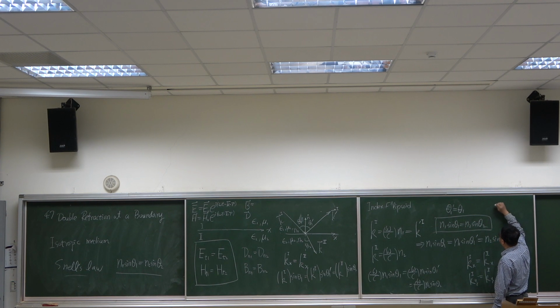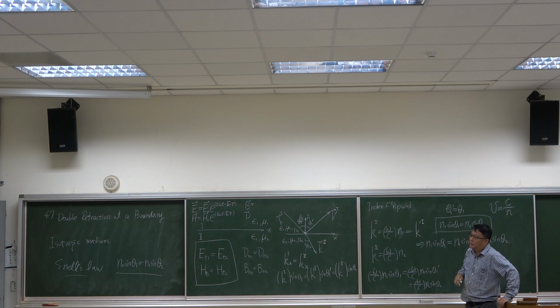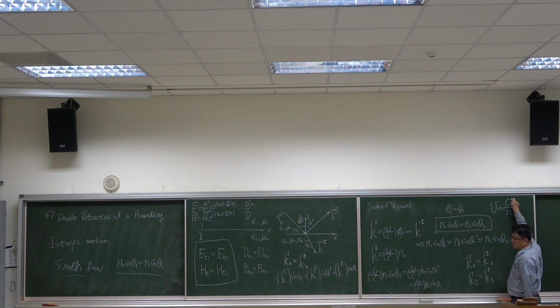Remember that what is n? n is just the relation: c is the speed of light. The speed of light divided by a factor called refracting index gives us the speed of wave in the medium. However, in acoustic waves, we do not have vacuum, but you can choose some kind of medium as the reference medium.